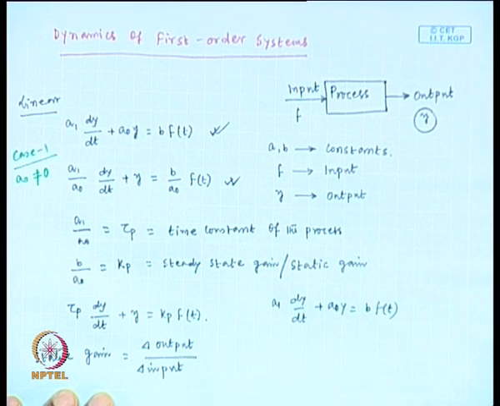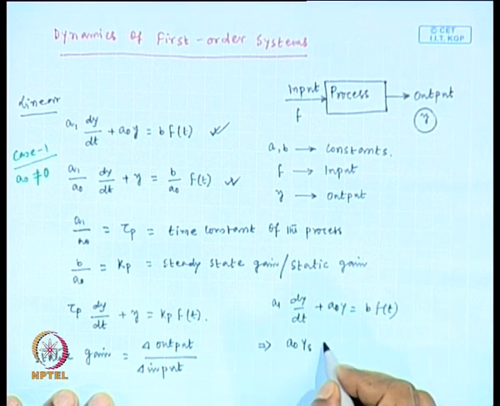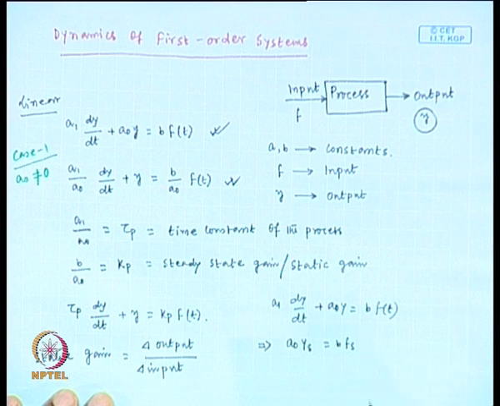This is the modeling equation. So, what will be the steady state form of this? A naught y s equal to b f s, agree, because this dy dt term does not exist.